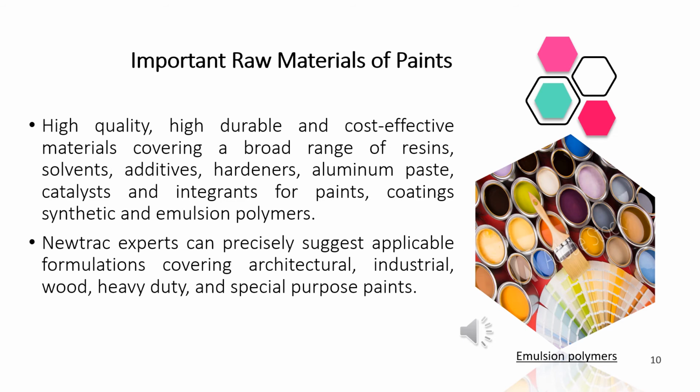There are some coating, synthetic and emulsion polymers also required in the manufacturing of paints. You can also see the emulsion polymers in the diagram of this slide. So, these raw materials are important in the manufacturing of paints.